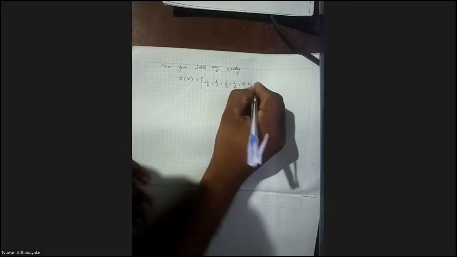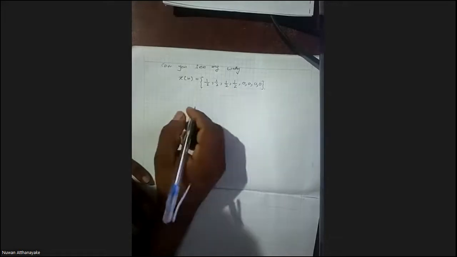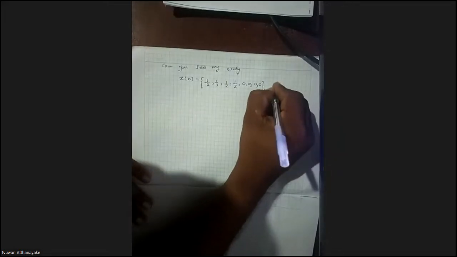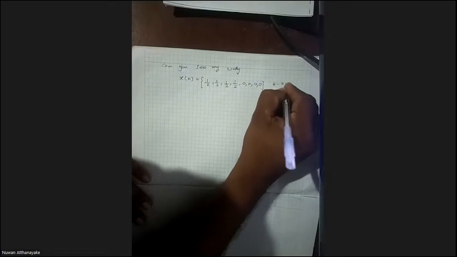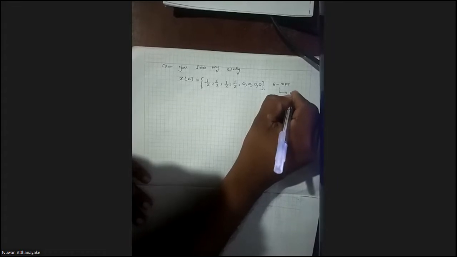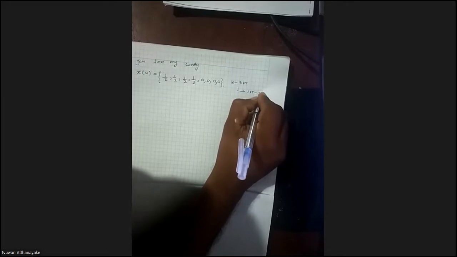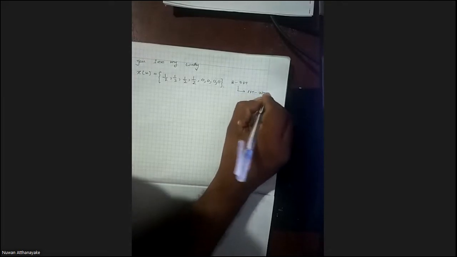Actually, this is the zero padded signal. You are asked to compute the 8-point DFT using the FFT DIT algorithm.